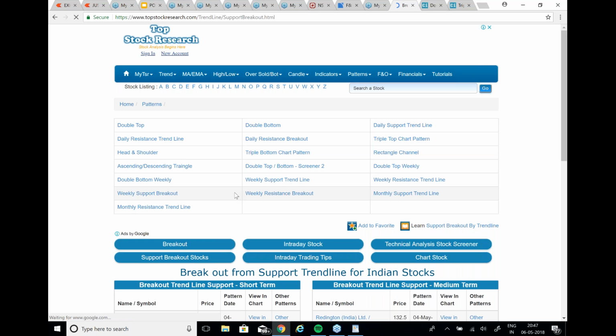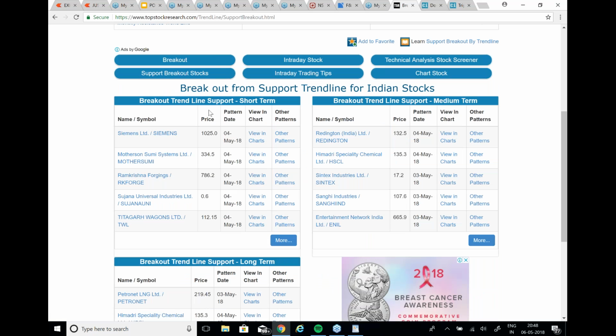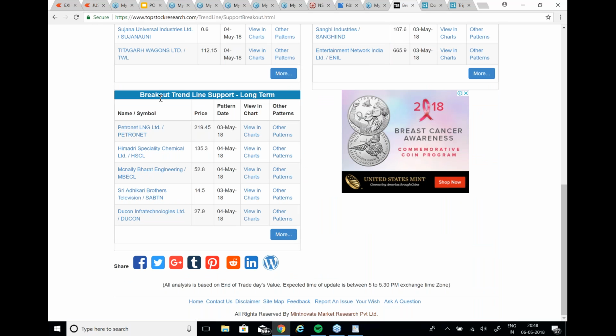Breakout in the short term, breakout in the medium term, breakout in the long term. So here are the stocks which have broken the trend line support: Petronet LNG, Himadri Speciality, McNally Bharat, Sri Adhikari Brothers, and Ducon Infra Technologies. These have broken the support.